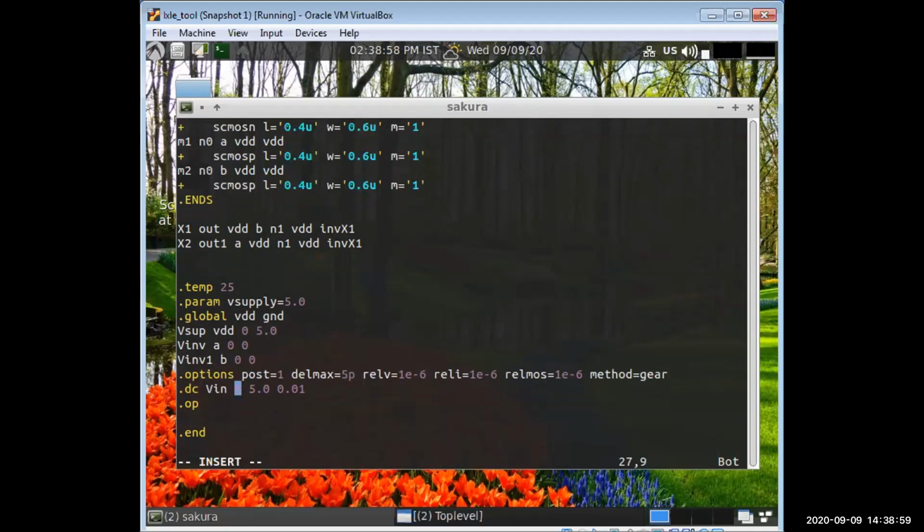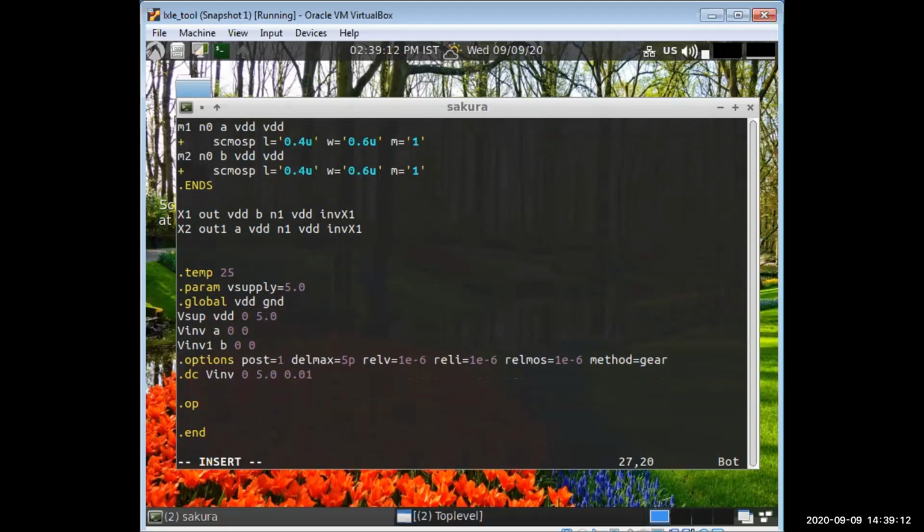Then options. First I have to sweep VINV at node A, and then I have to sweep VINV for node B. So just do it and we will continue after it. We will see how the performance is varying. 0, 5, 0.01. Comment this as well.